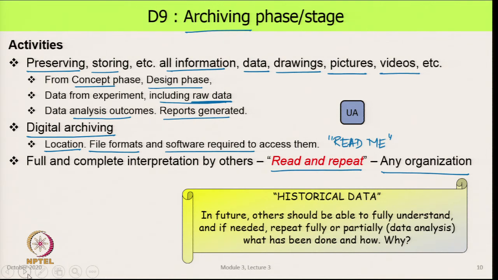So, data is being looked at in a historical perspective, that in future you should be able to fully understand and if needed repeat fully or partially what has been done, how, just to make sure that everything was okay. That is the importance of historical data.